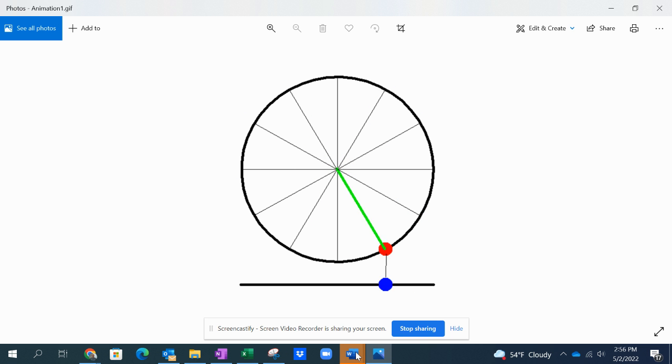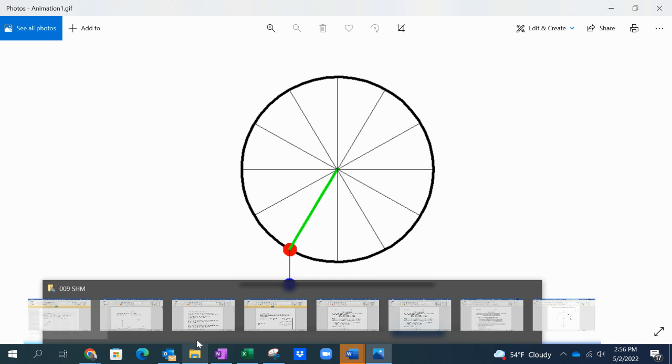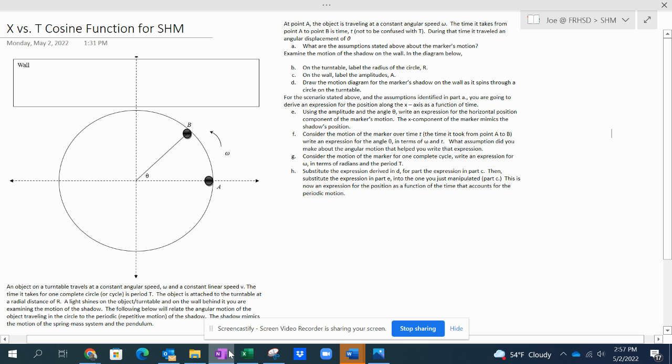So, what we are going to do here is examine how we end up getting that cosine function. First and foremost, in this setup, we have this object traveling from A to B. The light would be shining here, and on the wall, you would have the shadow of A right there.